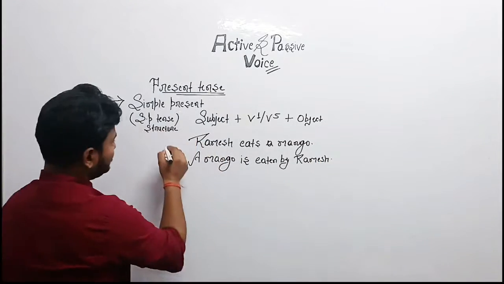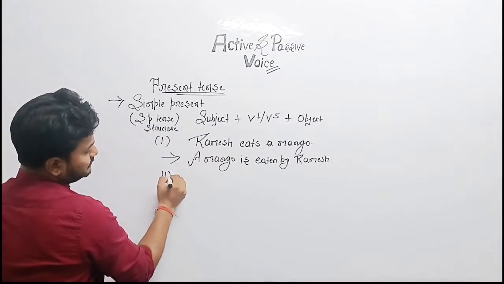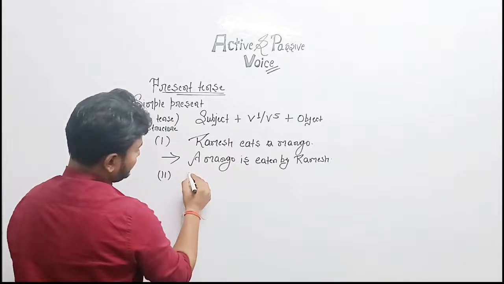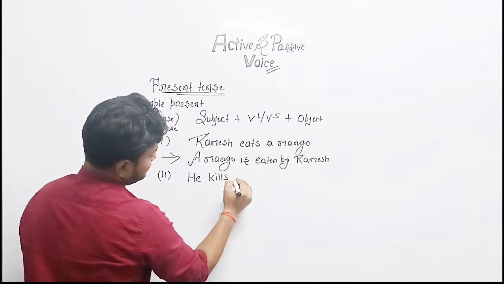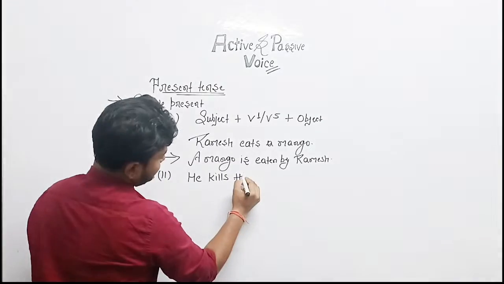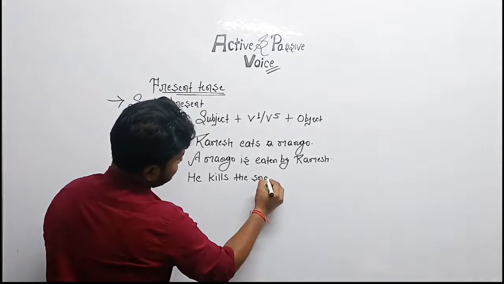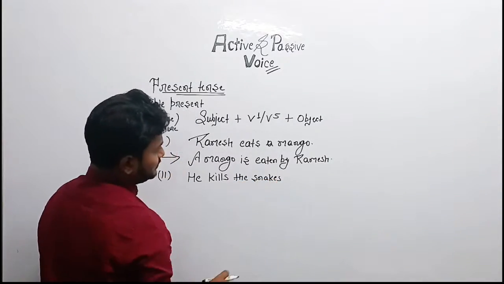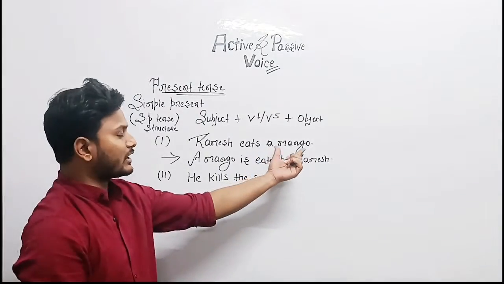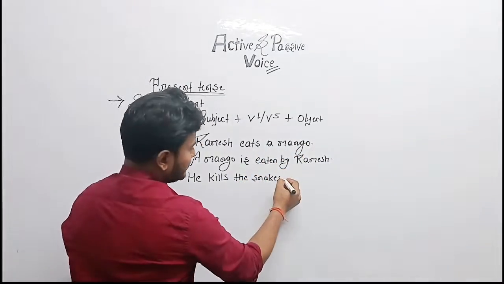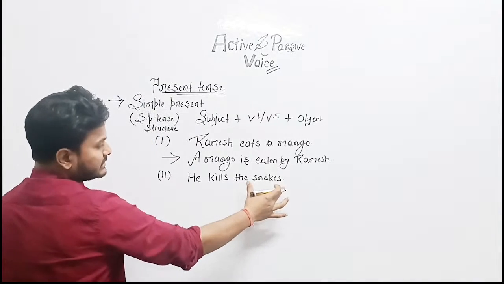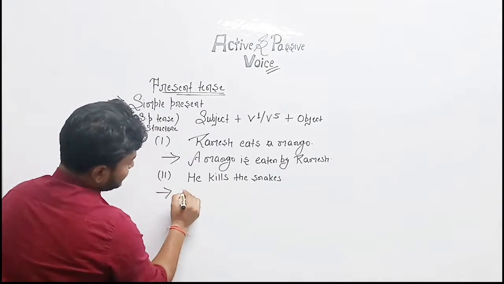Now second example. He kills the snakes. Now see here, what is the difference? In the previous sentence we were talking about only one mango, but here we are talking about snakes. So this is the object here: the snakes.